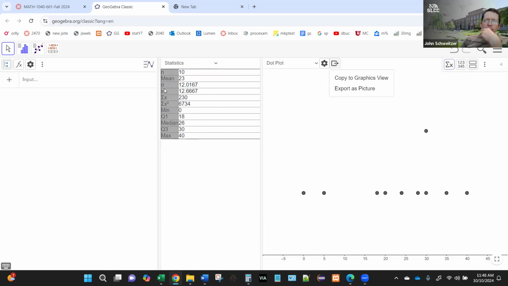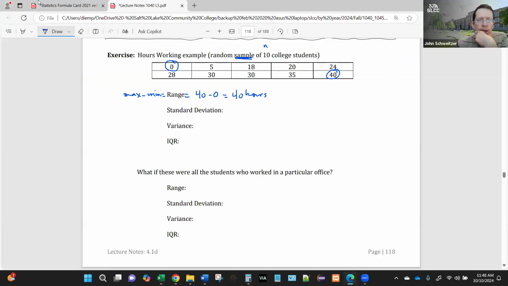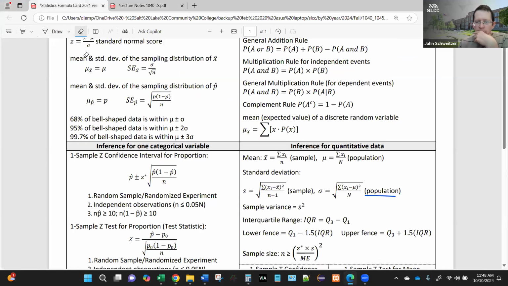Because those 2 formulas are different, they give you slightly different numbers, right? Again, if we go back to the formulas, they're slightly different. The population standard deviation divides by capital N, whereas the sample standard deviation divides by n minus 1, the sample size minus 1.